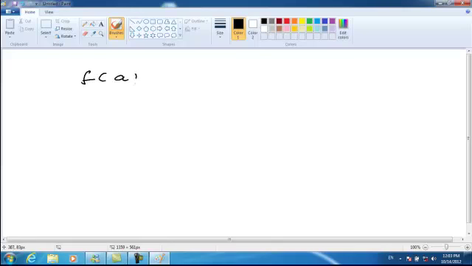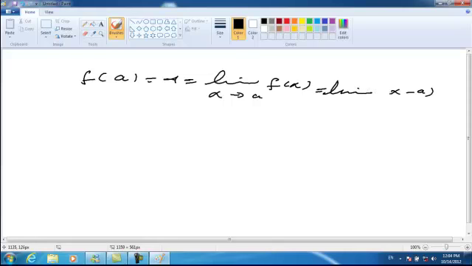F of a equals 4. The limit of f of x as x tends to a: the limit of x minus a multiplied by x plus a, as difference of squares, divided by x minus a.